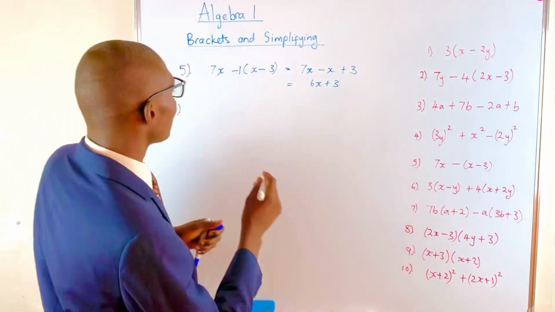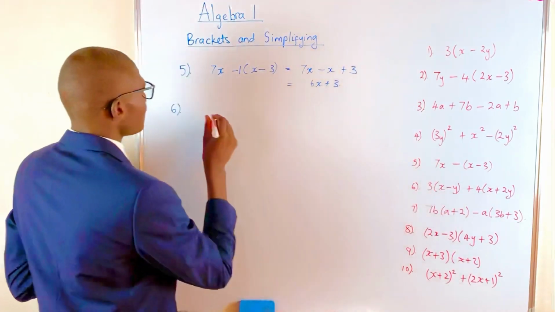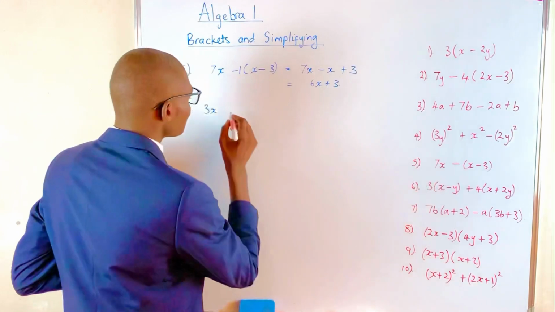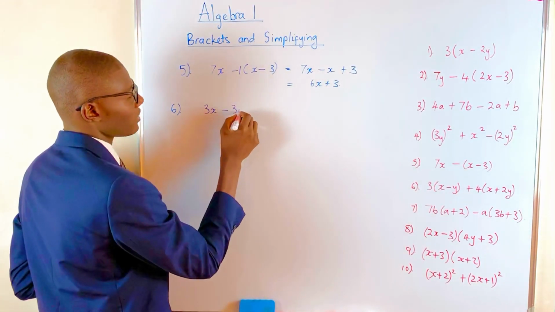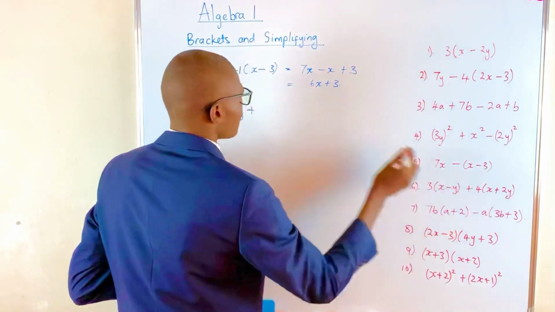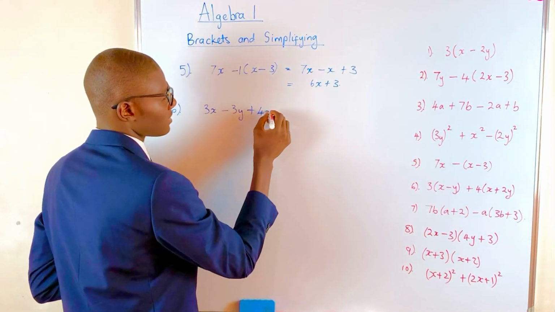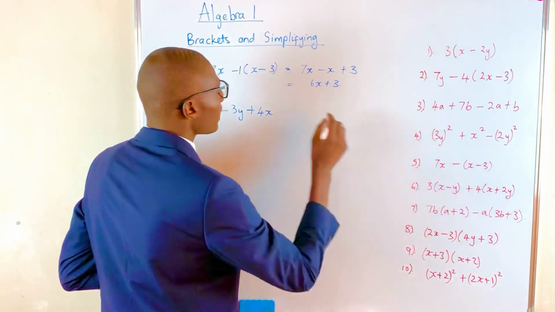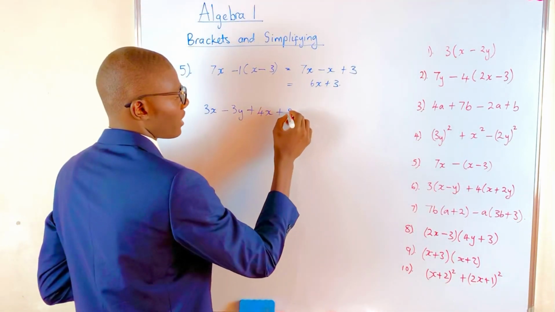So for the first, 3 times x, we get 3x. Then minus 3 times y, we get 3y. Then plus 4 times x, we get 4x. And then plus 4 times 2y, we get plus 8y.